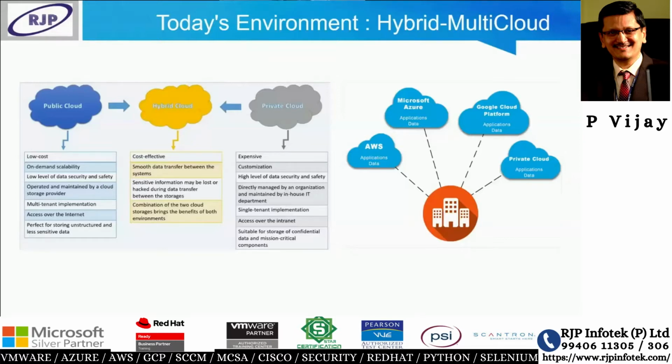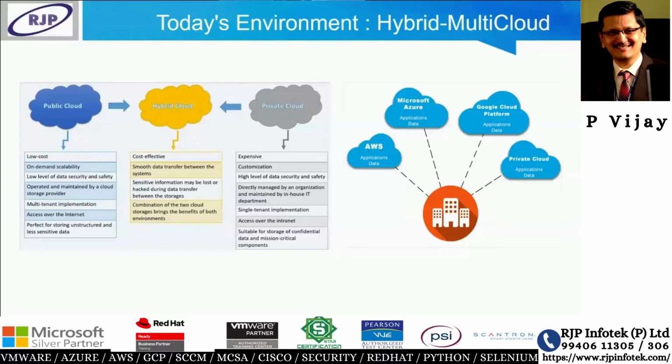The multi-cloud, hybrid cloud, that is the reality of today. Gone are the days where we were choosing between the on-premises data center and the public cloud. Today, it is multi-cloud, inter-cloud, hybrid cloud. That's the story today.